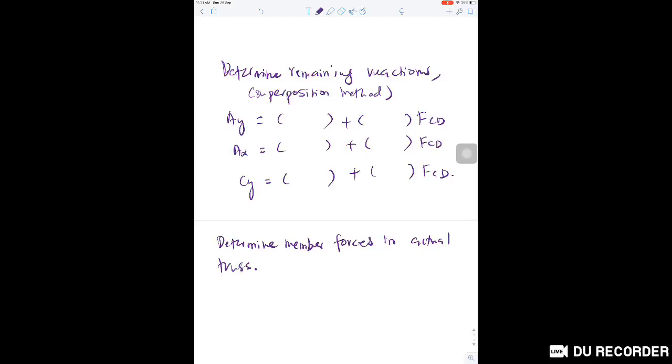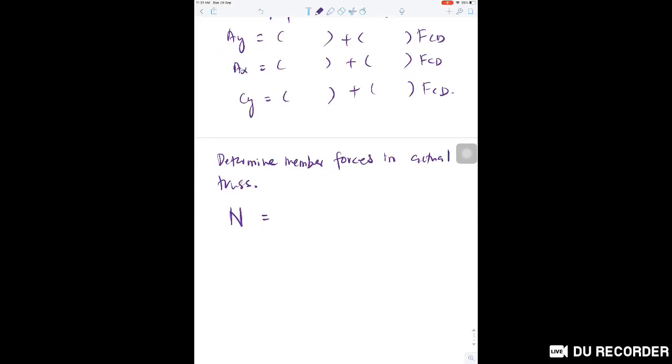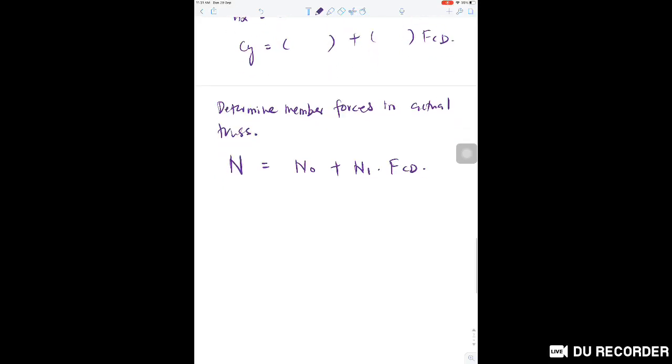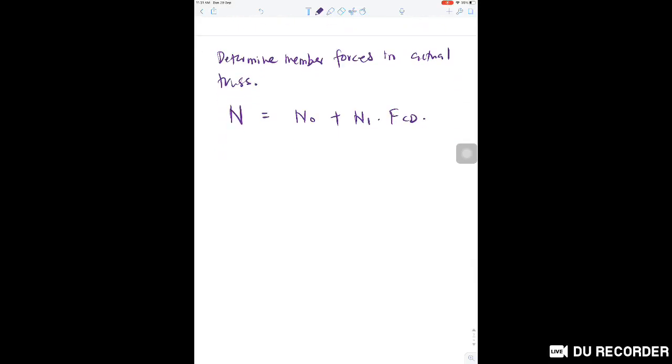Okay, the member forces in actual truss, let's say, is N. We just have to write the formula. N is equal to the member forces in primary truss, N naught, plus the member forces in redundant truss, N1, times redundant FCD. So basically for this one, we have to make a table again.